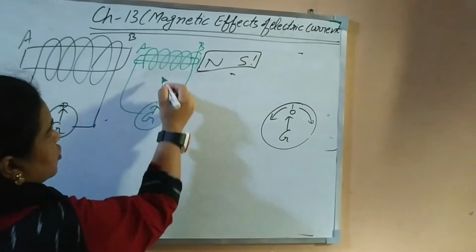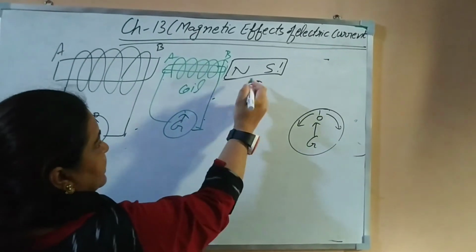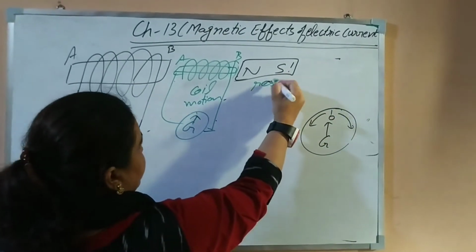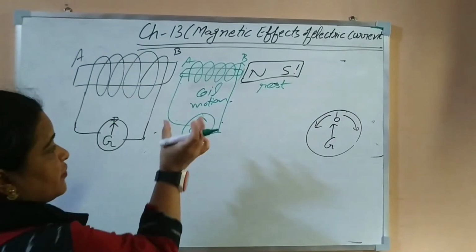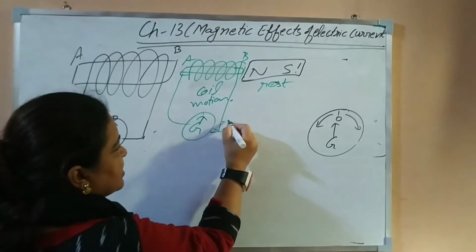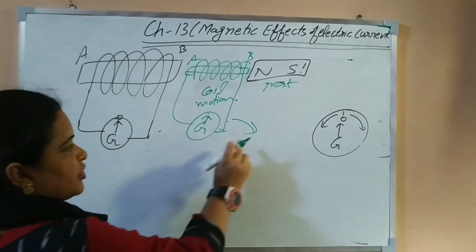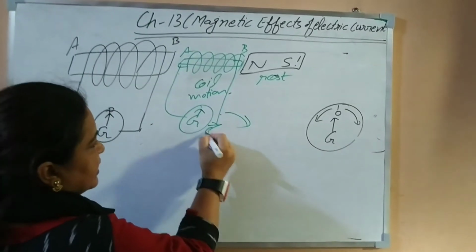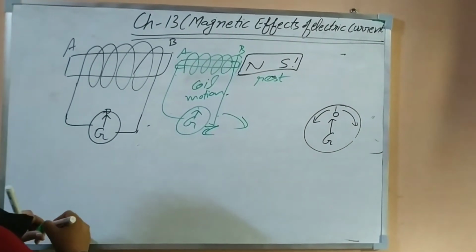This time the coil is in motion and the magnet is at rest. Again he observed that when the coil is in motion, there is a momentary deflection in the galvanometer towards the right, and when he took the coil away, it is again momentary, towards the left side.